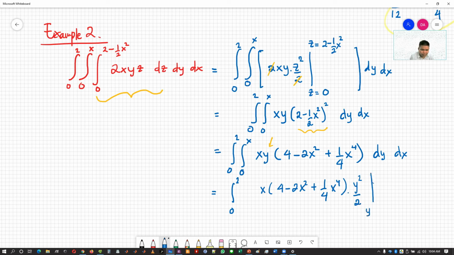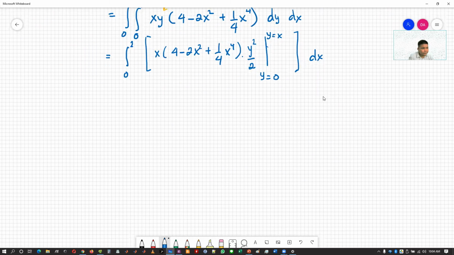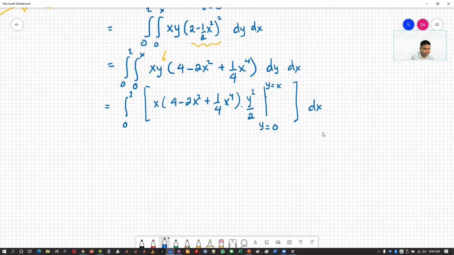The boundary of y is from 0 until x, so I just simply plug in y equals x.